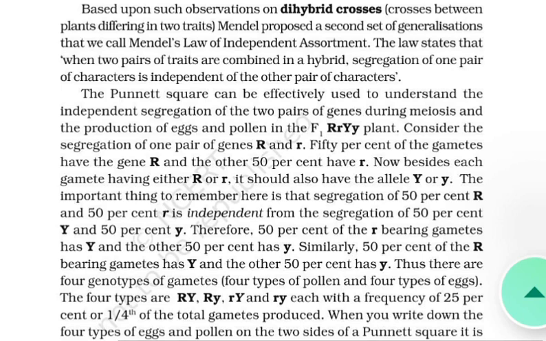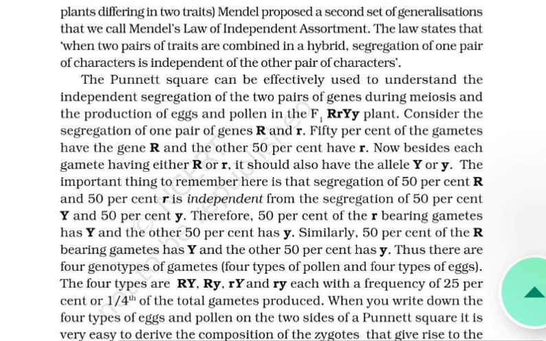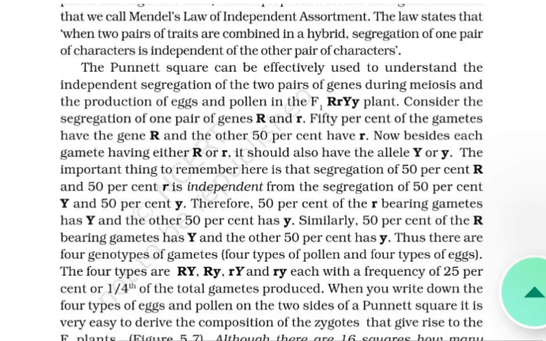In the dihybrid cross the phenotypes round yellow, wrinkled yellow, round green and wrinkled green appeared in the ratio 9:3:3:1.